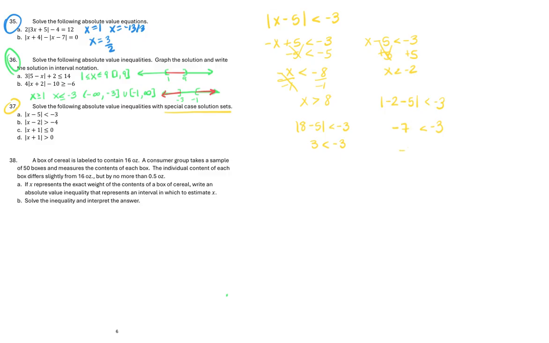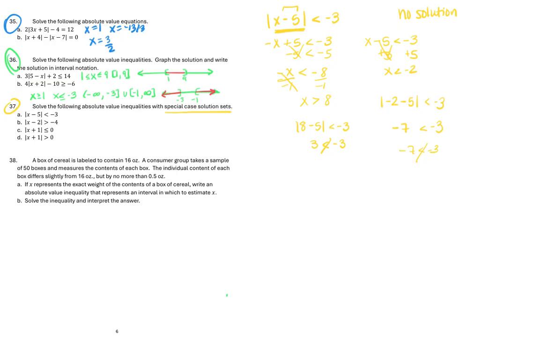So -7 is not less than -3, and 3 is not less than -3. So in this case, we have no solution to this answer. You can even tell a little bit by the idea of inside of here when I'm plugging in values. We know no matter what, with this constant being here, we will never have anything less than -3 when plugging in something.